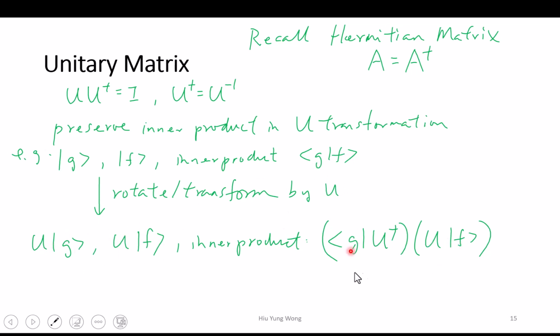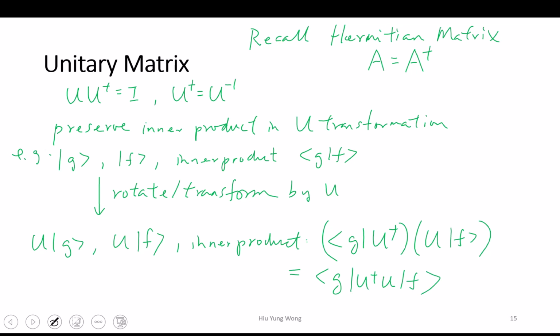G still becomes UG, but when we do the inner product we need to take the bra version, and the bra version is G times U dagger. What is this? G U dagger U F.